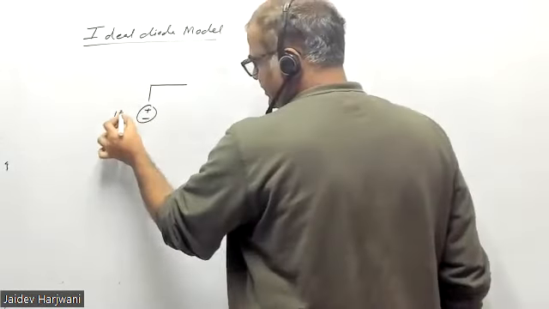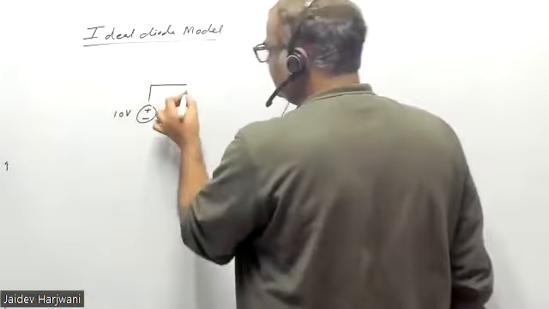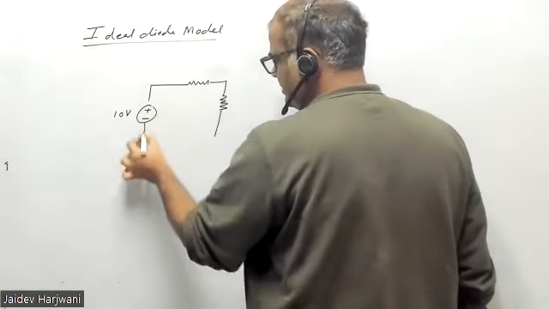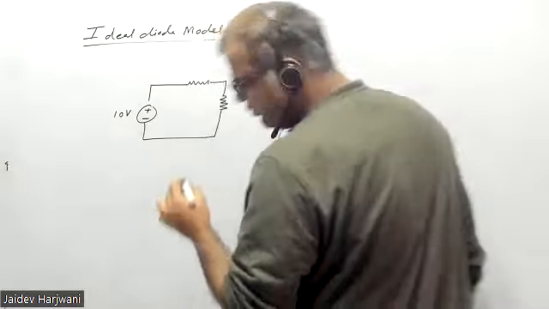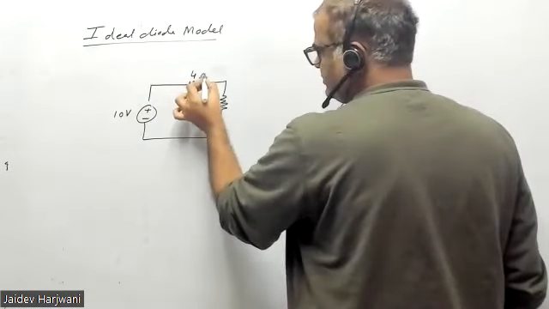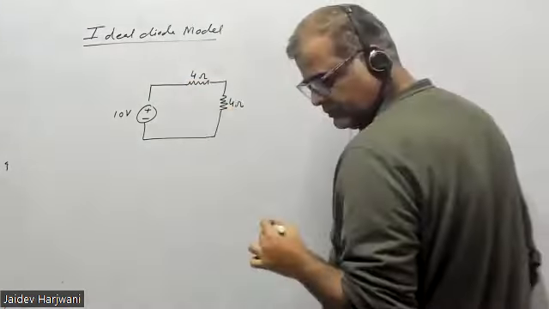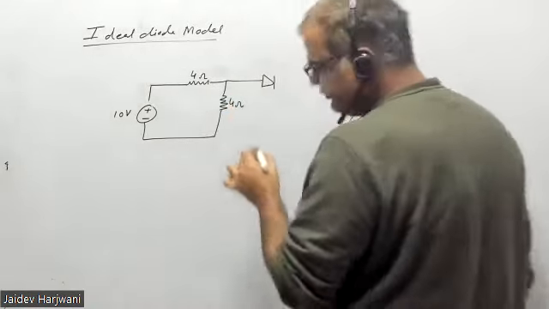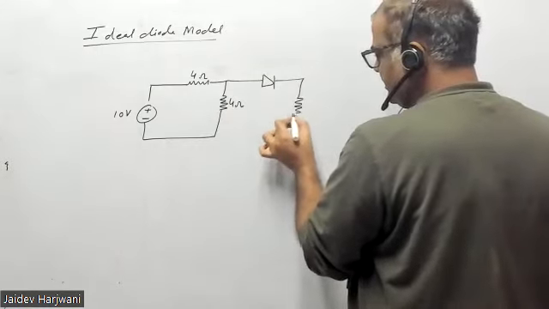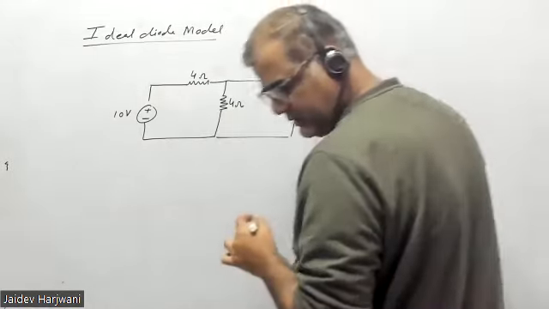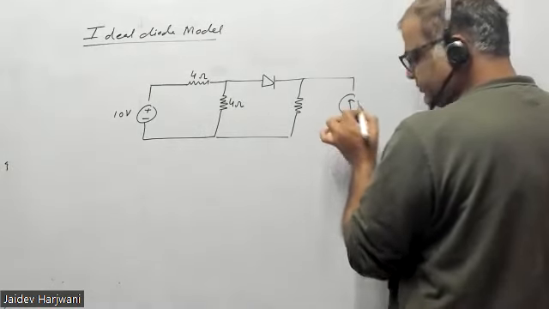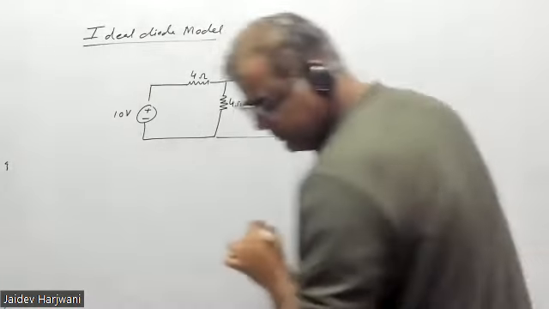Okay, 10 volt is given. Here one resistance is given, this is 4 ohm, 4 ohm, and then you have a diode here, and then you have a 1 ohm resistance here, and then you have a 2 milliampere current source.